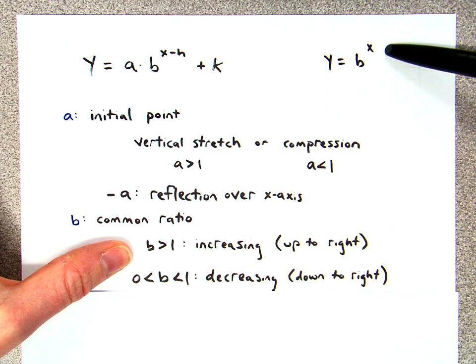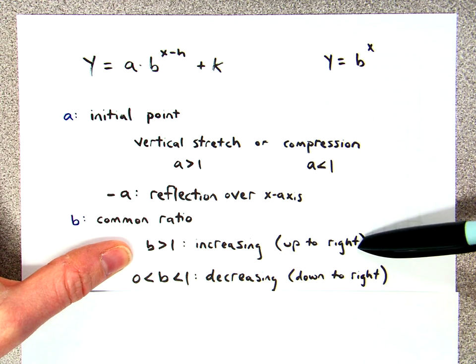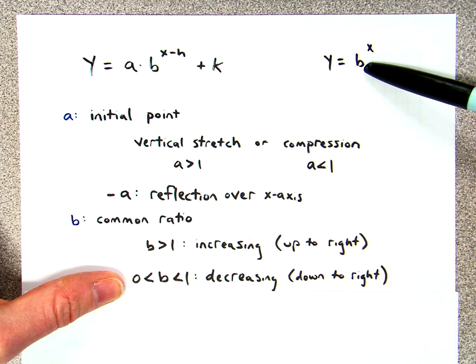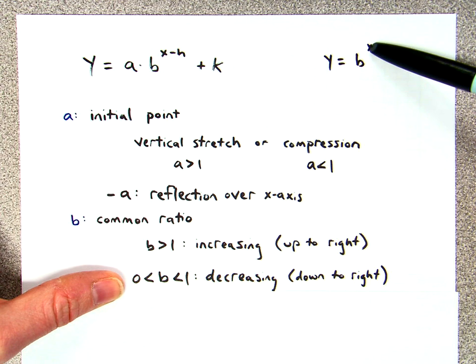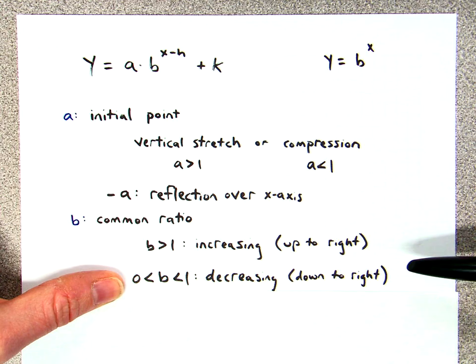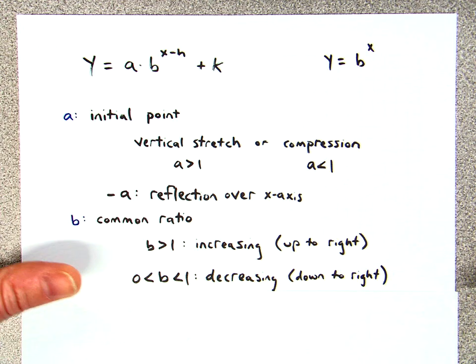So as x gets larger, the function is going to increase, or visually it's going to go up to the right. If the base is between 0 and 1, then that means that we're essentially dividing by values. So as x's get larger, we're going to divide them away to decrease, or visually the graph is going to go down to the right.